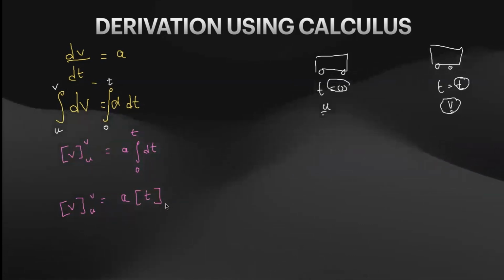Now, this is from 0 to t. The limits I have discussed over here. Now put the limits: upper limit minus lower limit.